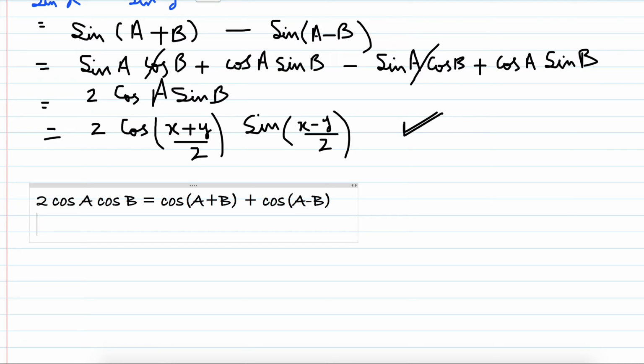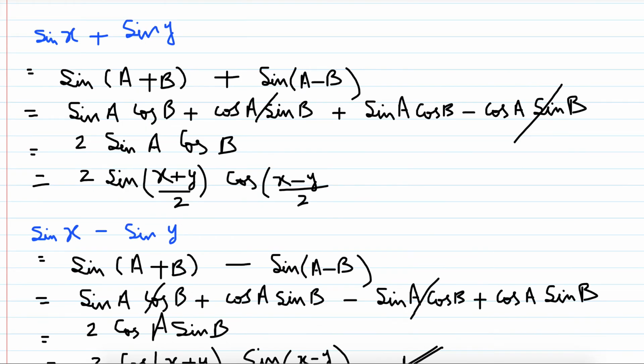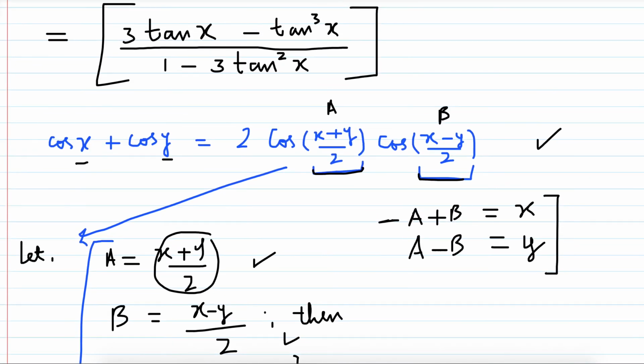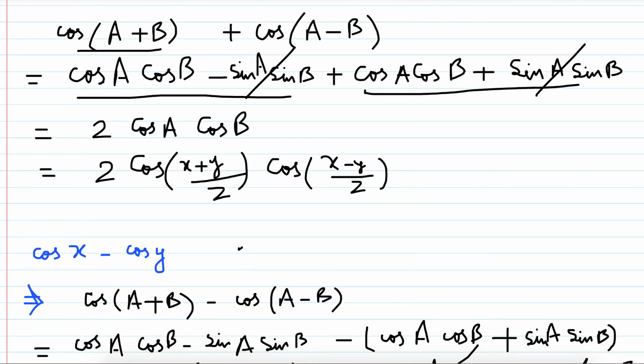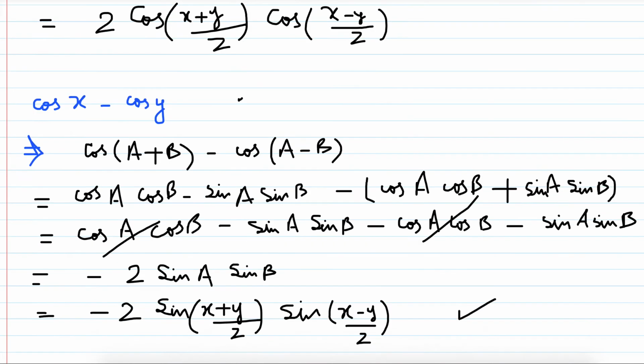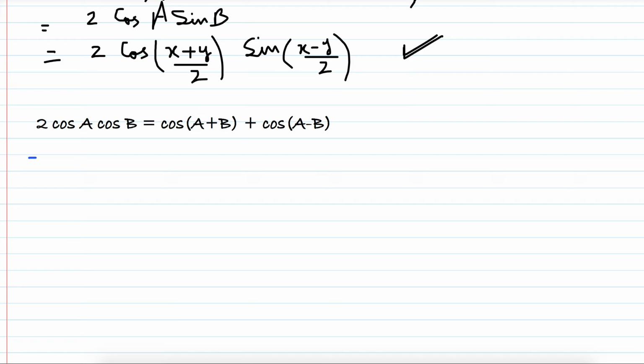So this we are given, and we already know what is cos x plus cos y. Cos x plus cos y is 2 cos (x plus y) by 2 multiplied by cos (x minus y) by 2. So if we see, this is x and this is y.